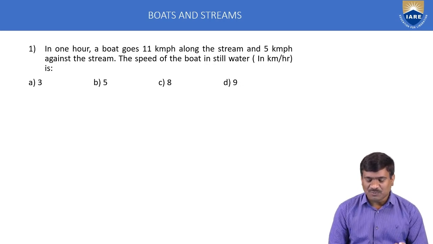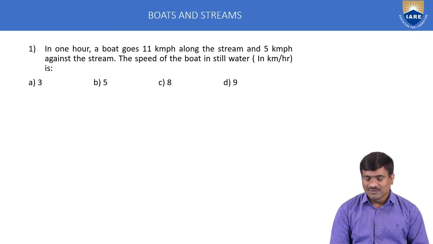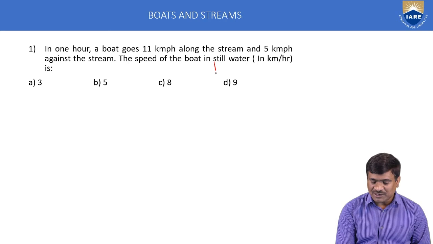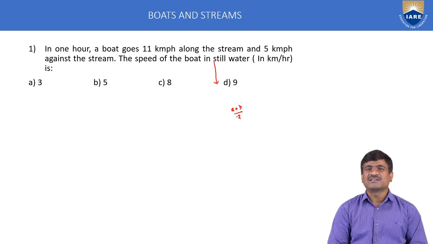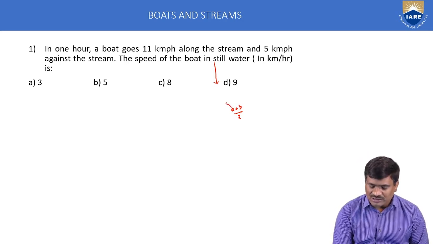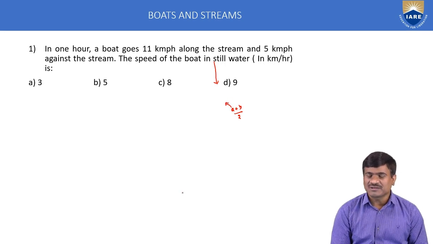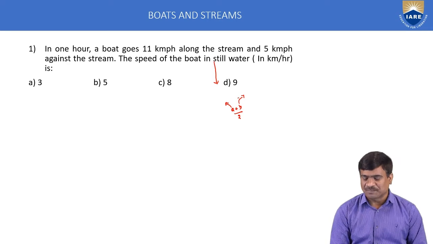The speed of the boat in still water is dash. We know that the speed of a boat in still water is a plus b by 2, where a is called the speed of a downstream and b is called the speed of an upstream.